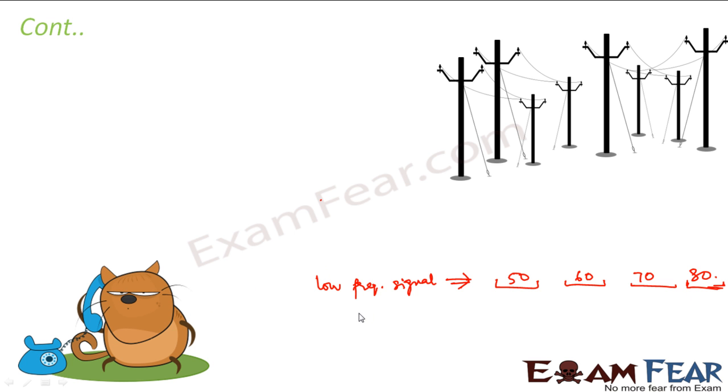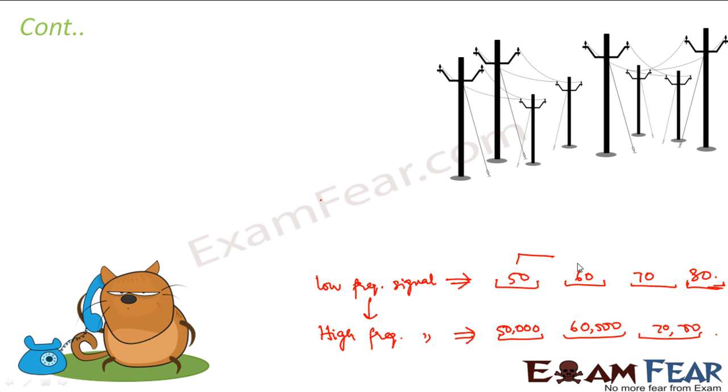Now, if I convert this low frequency signal into a high frequency signal, then what kind of frequency slots will I be talking about? Maybe I will be talking about 50,000 hertz, 60,000 hertz, 70,000 hertz, and so on. Now, if you compare these frequency slots, what do you feel? A signal with 50 hertz frequency and a signal with 60 hertz frequency: the difference between them is very less, right?